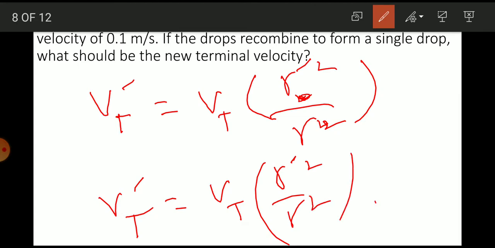Use this equation, you can find the value of the terminal velocity.